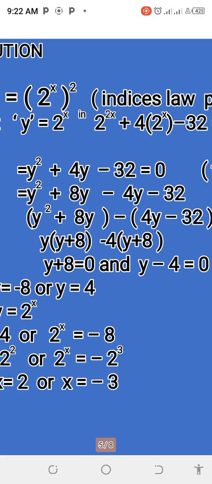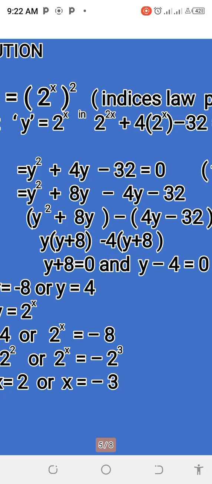Without wasting time, let us say the two numbers are 1 and 32. 1 times 32, which is the product, is equal to 32. And there's no way 1 plus 32 will give us 4. So that is not it. We are going to look up other two factors of 32.